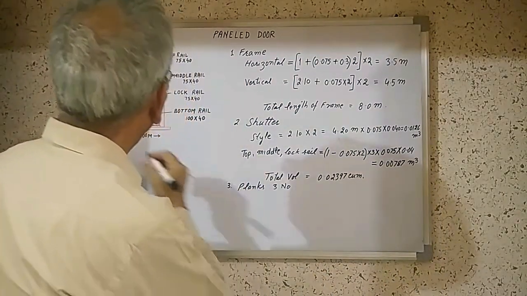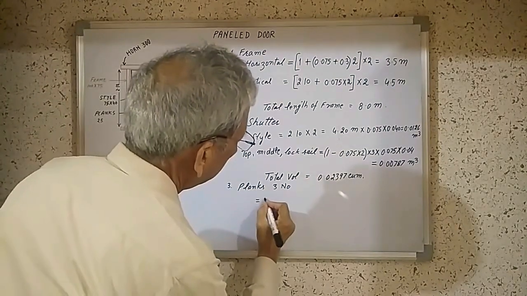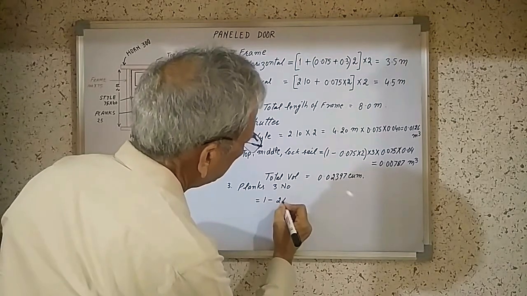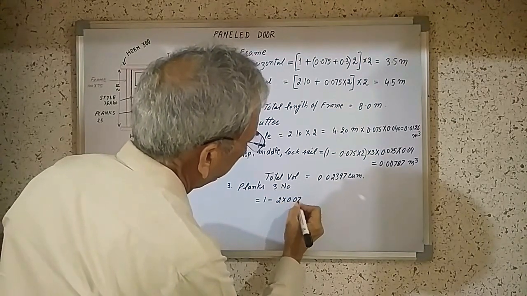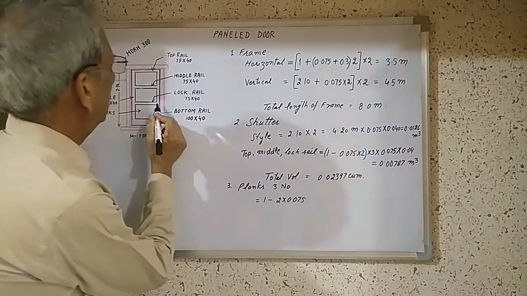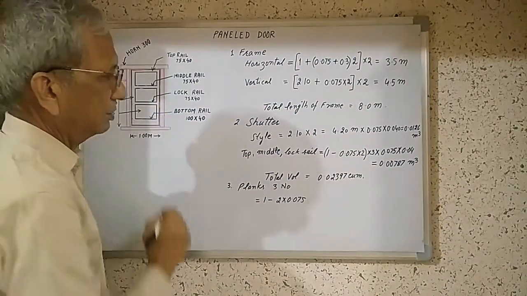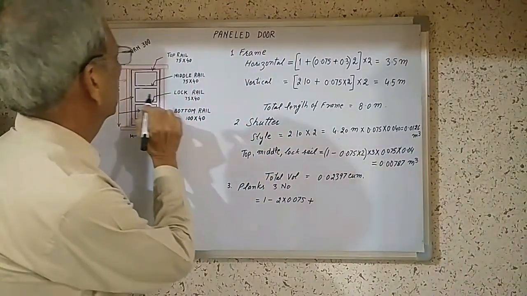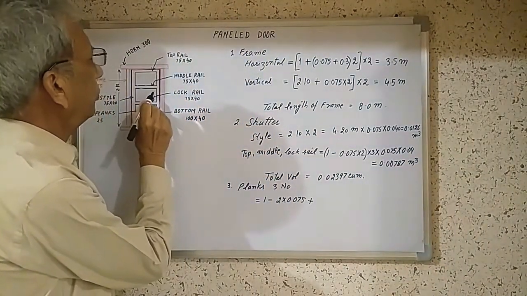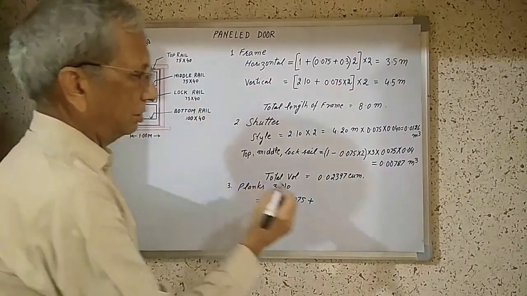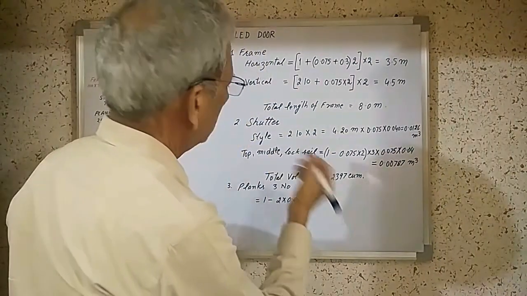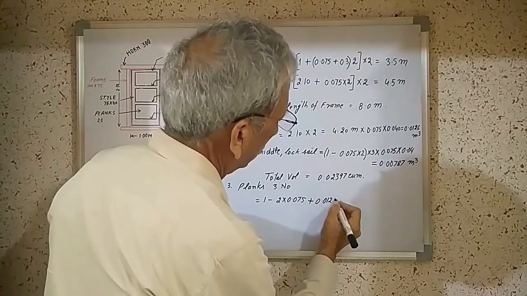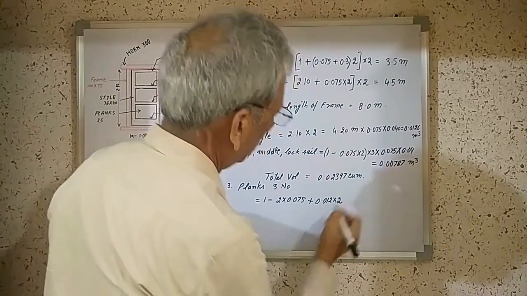Length is 1 meter minus 2 times 0.075, this width of this stile, plus this plank will go into the stile. Therefore, how much? 12 millimeter it will go. 0.012 on both sides, multiply by 2.